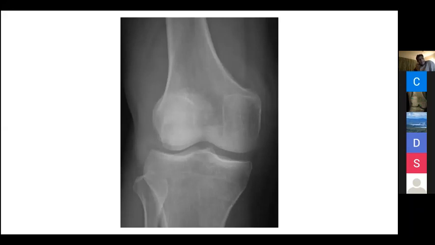Anyone else has any other opinion? Okay, senior guys, Gautam? Any other opinion on this? The orientation of the femur with respect to tibia is not looking right.